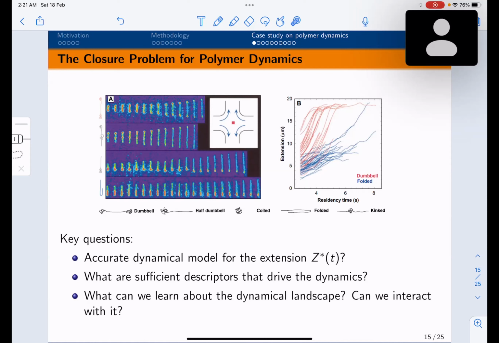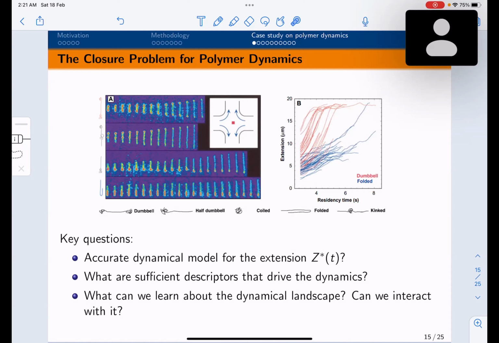For example, for this shape, the dumbbell state of a polymer, you can see that the unfolding time is very fast. And the blue one is the folded state. The folded polymer unfolds very slowly.